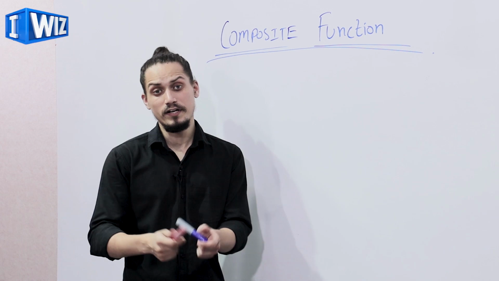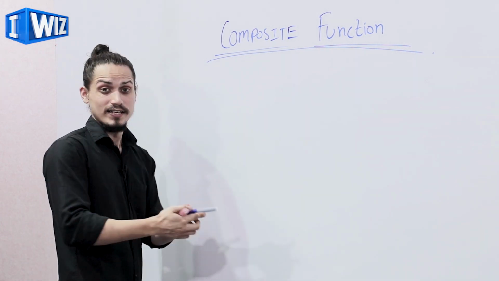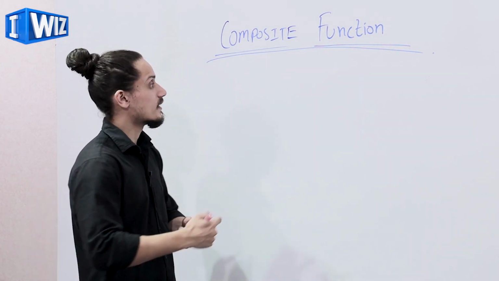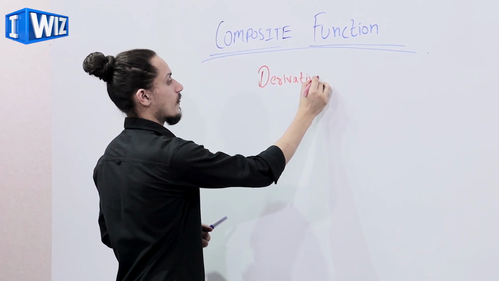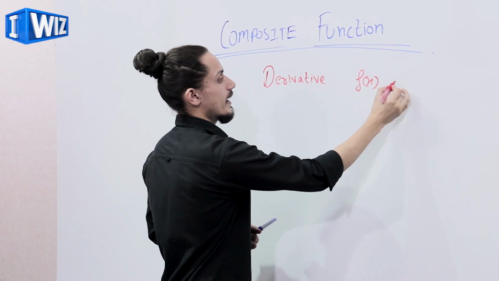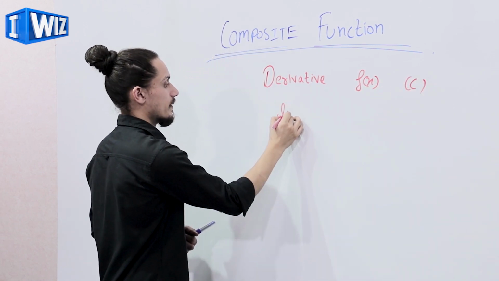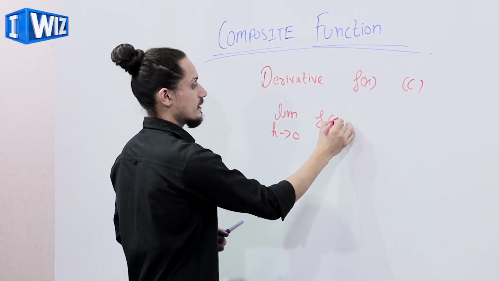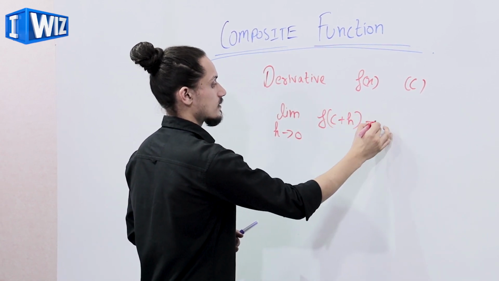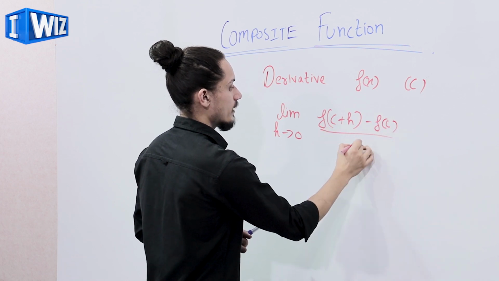Now the next topic is differentiability of a composite function, but before that let's take a quick recap of differentiability. In class 11th we studied what differentiability is. The derivative of a function f of x at a point c is given as limit h approaches 0 of f of c plus h minus f of c, divided by h.